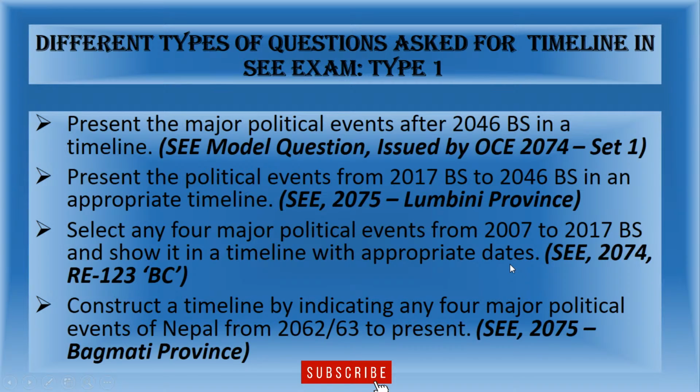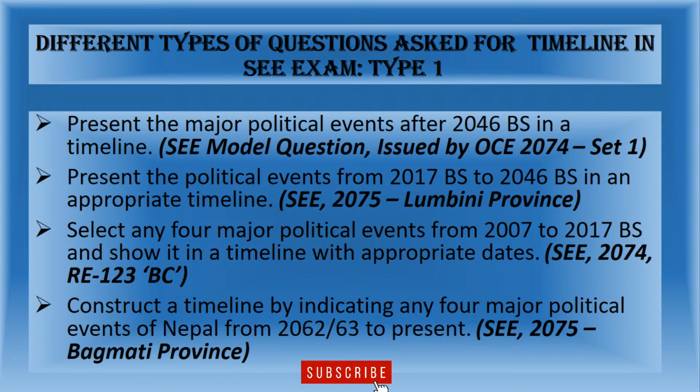So this is the type 1 question. It means in the type 1 question, you have full choice of selecting the events. You can select any events you like, any event you remember. But inside this there are also two types. One is having free choice of year or full date.